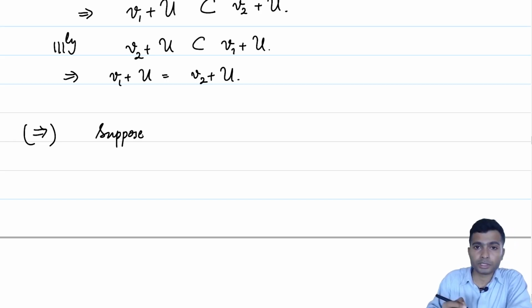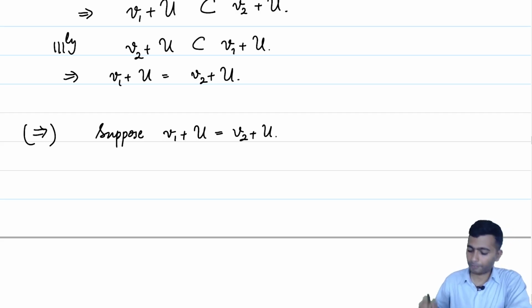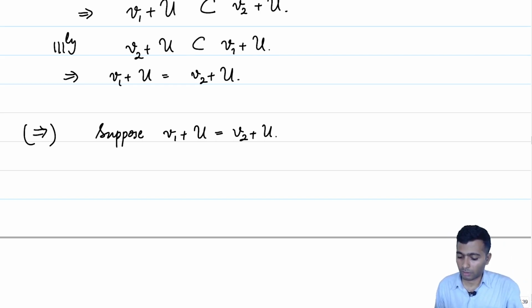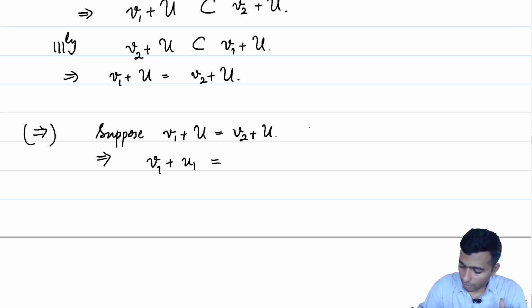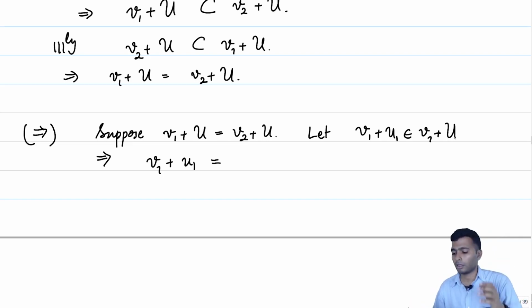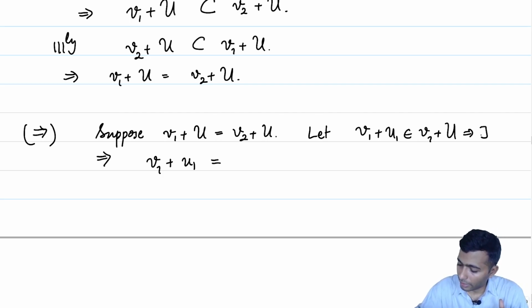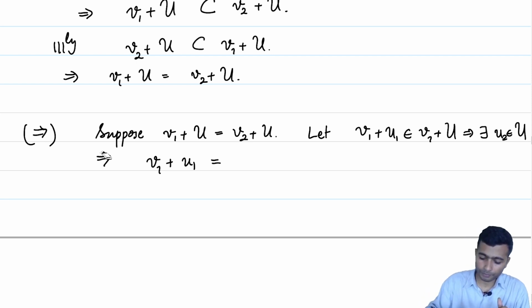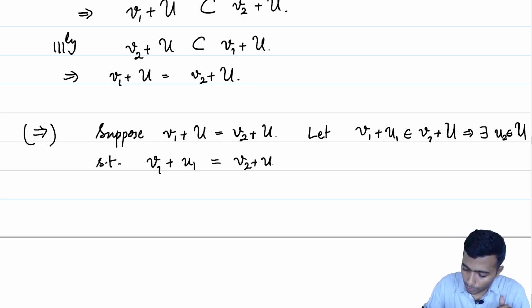Suppose the assumption is that V1 plus U is equal to V2 plus U. This implies that, let V1 plus U1 be in V1 plus capital U, take some arbitrary element, that is equal to V2 plus U. The affine set V1 plus U equal to V2 plus U implies that there exists U2 in capital U such that V1 plus U1 is equal to V2 plus U2.